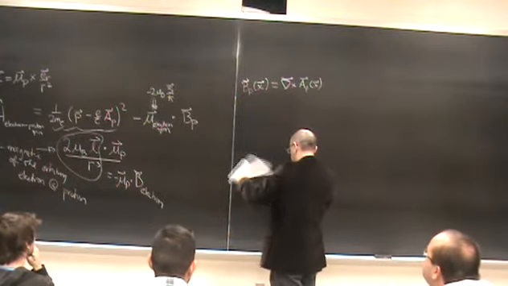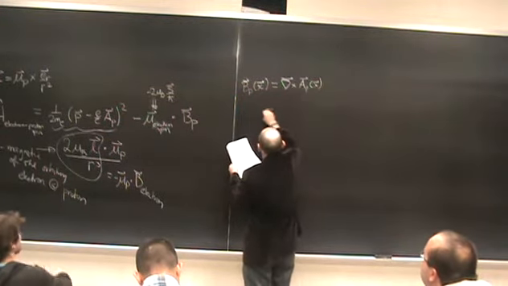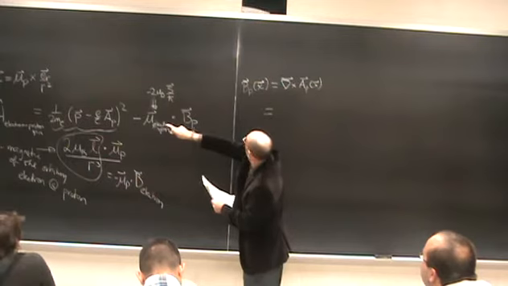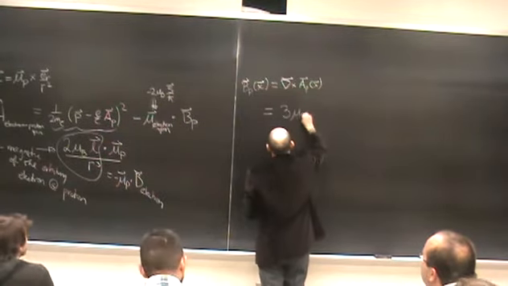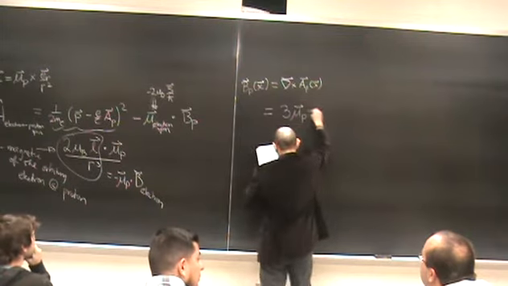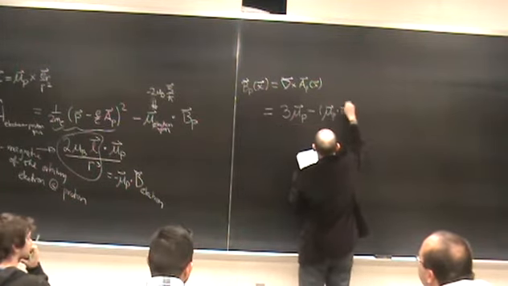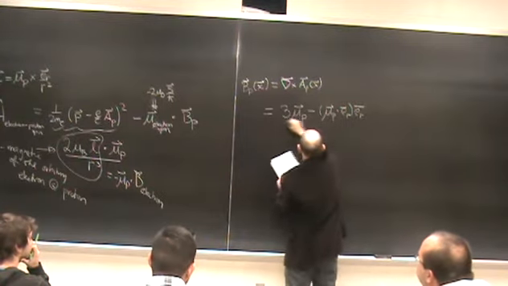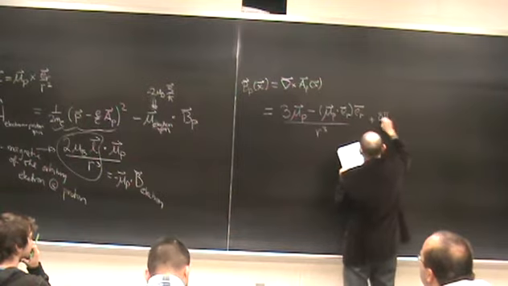All right, so we do that and we get the following. We plug in for that A. We get 3 mu B minus mu P dotted into E sub R over R cubed. But then we have this singularity term.